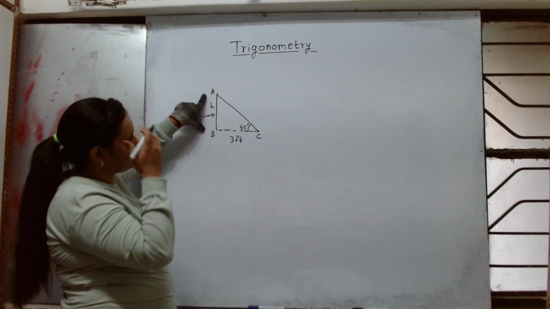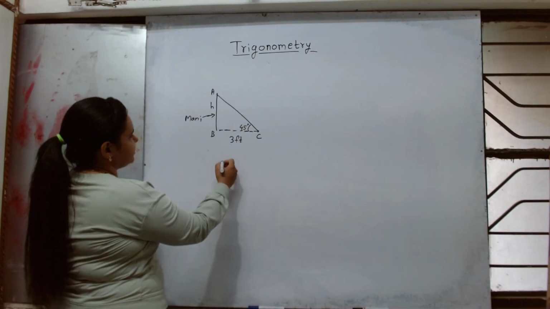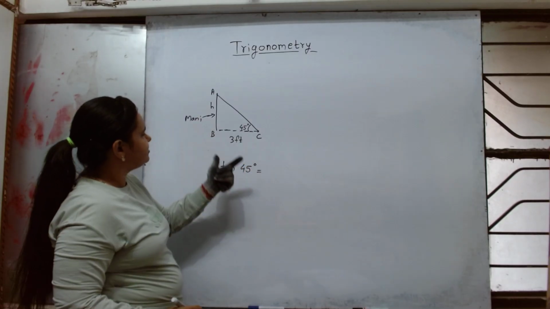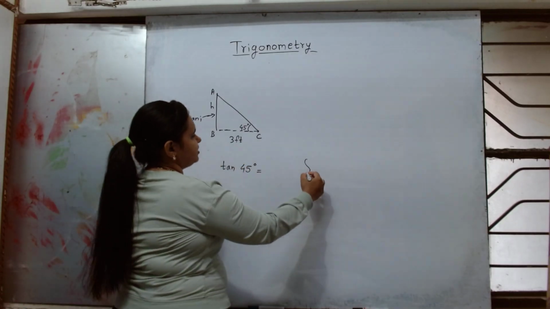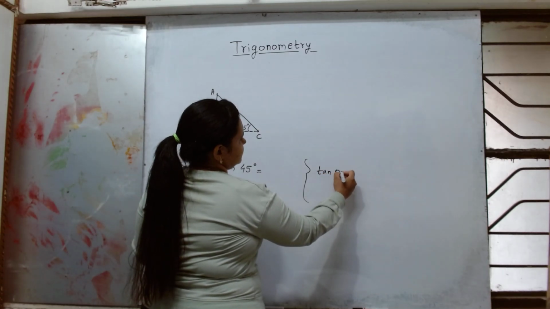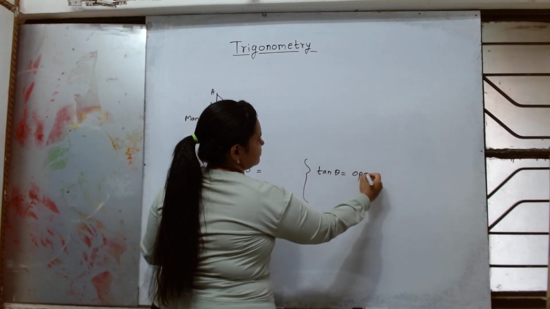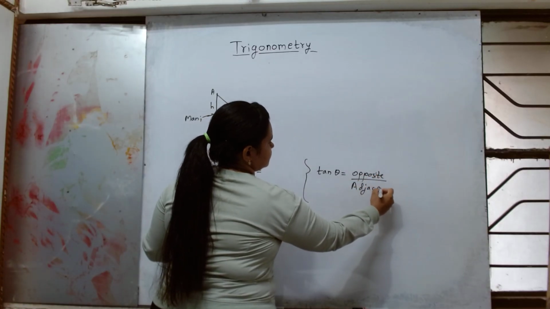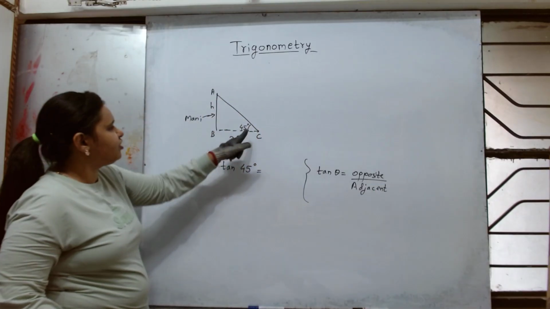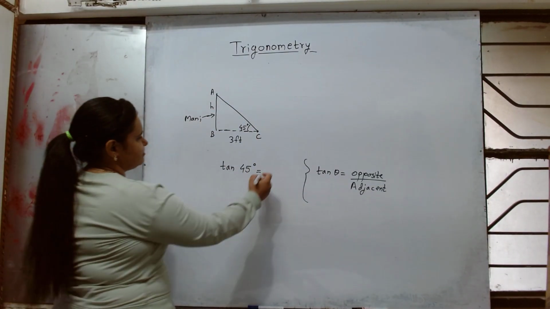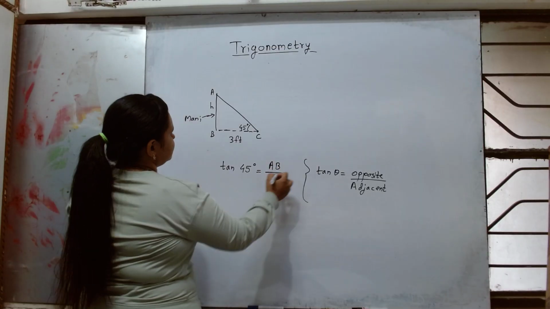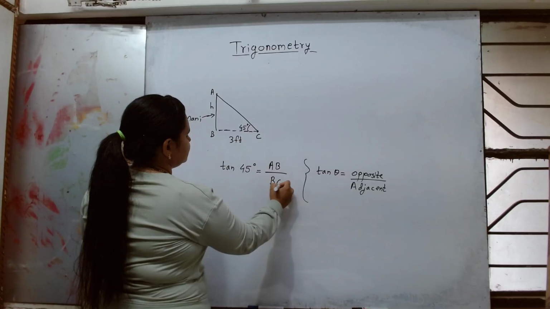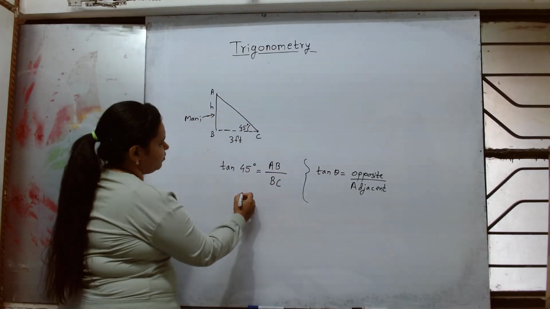How will we find the height of Mani? 45 degree is given. If we take tan of 45 degree, tan theta is opposite upon adjacent. Opposite of 45 degree is AB upon adjacent to 45 degree is BC, and tan 45 we can write as 1.